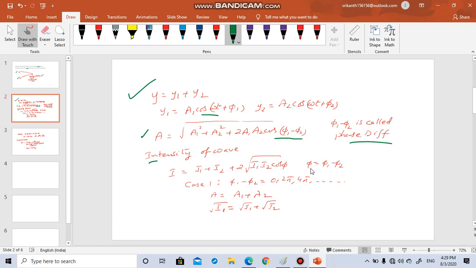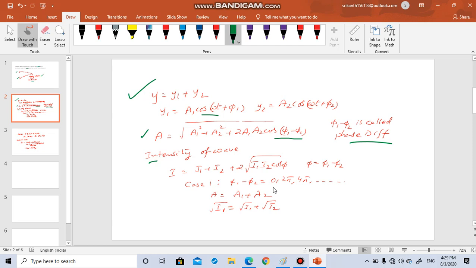Now here some cases will come. Let us say case 1: phi 1 minus phi 2 is 0 or an even multiple of pi. Basically it is the cos of some angle, so phi 1 minus phi 2 can be pi, pi by 2, 3 pi by 2, 2 pi, some angle like that.